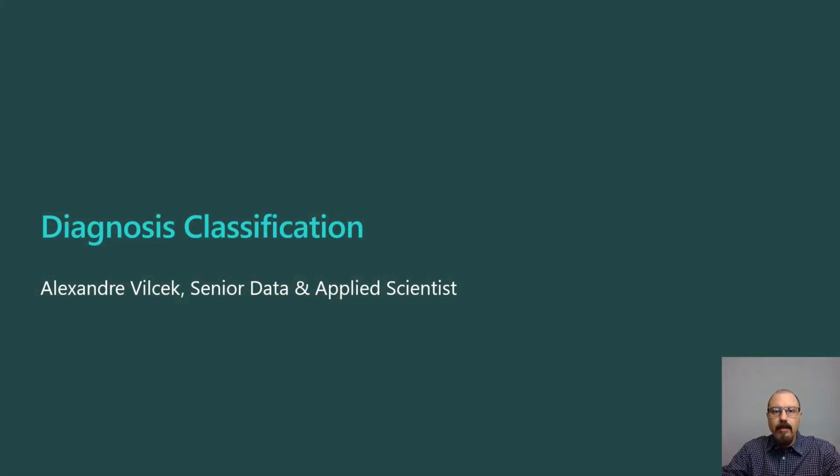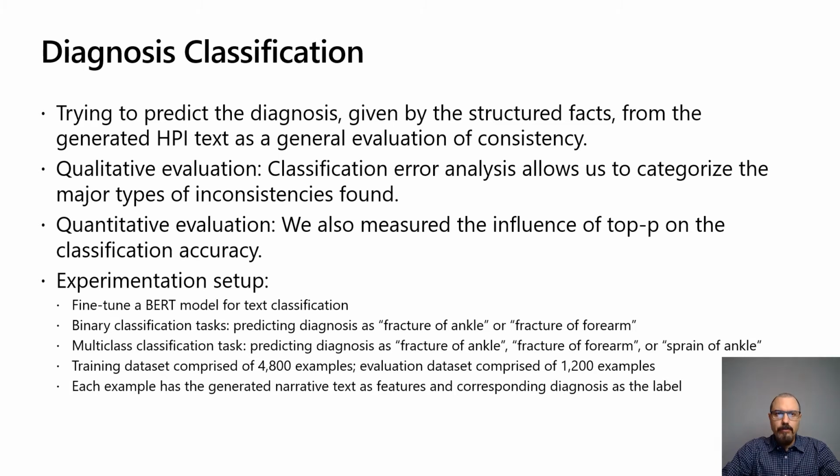Thanks, Wolfgang. Now let's take a look at how we used diagnosis classification tasks to evaluate the agreement between facts in the generated HPI text and facts given by Synthea. We designed 2 classification tasks where we try to predict the diagnosis given by Synthea using the generated narratives as features. The first one is a multi-class classification task from which we try to identify the major types of inconsistencies by looking at the classification errors.